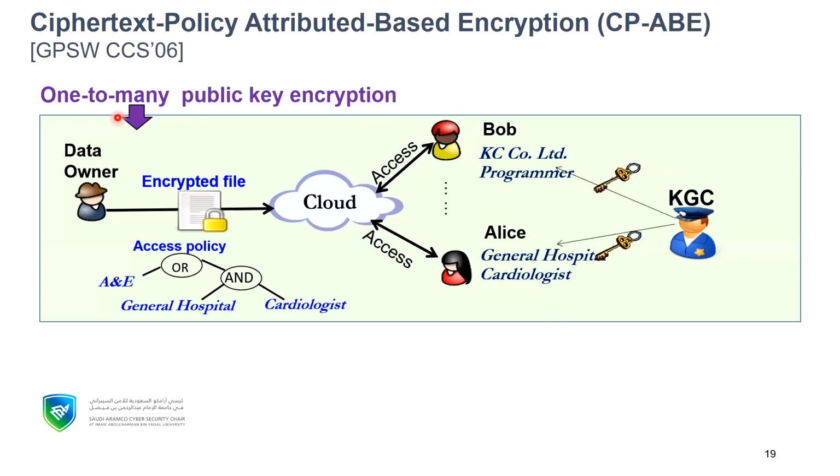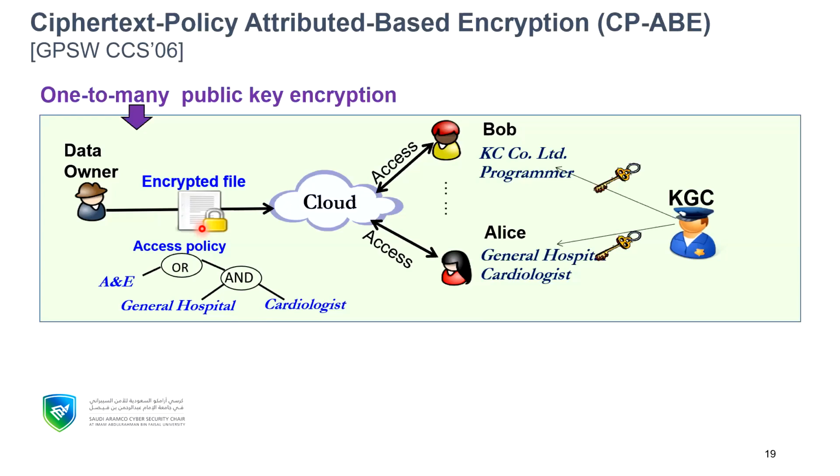So CPABE is a one-to-many public key encryption system. So that makes the encryption very efficient because I only specify the policy and only users whose attributes satisfy the policy are able to access the document. So it supports scalable access control, which is different from the traditional public key solution.